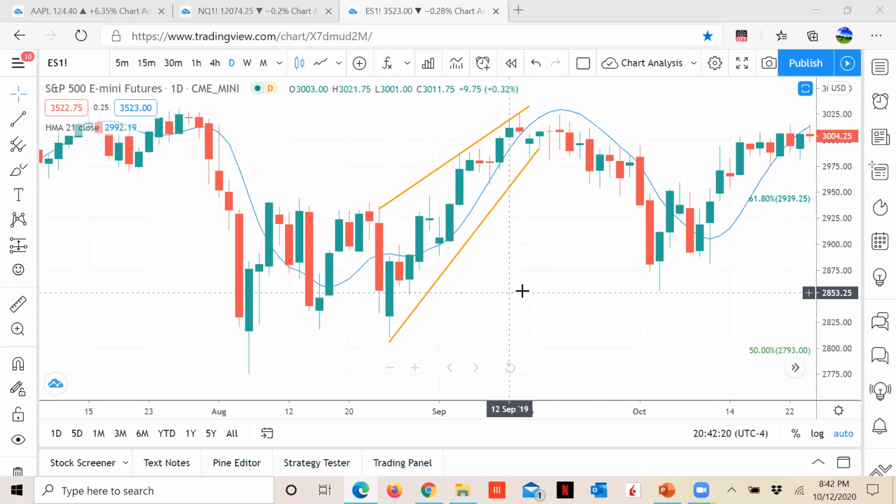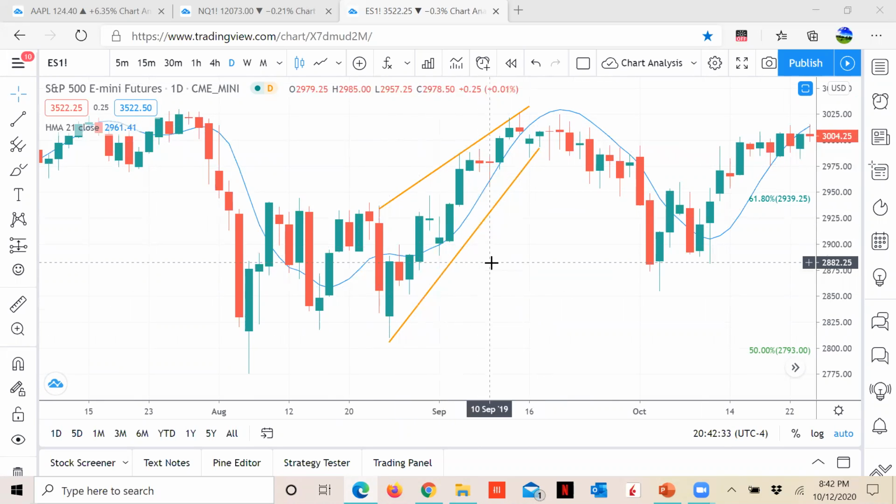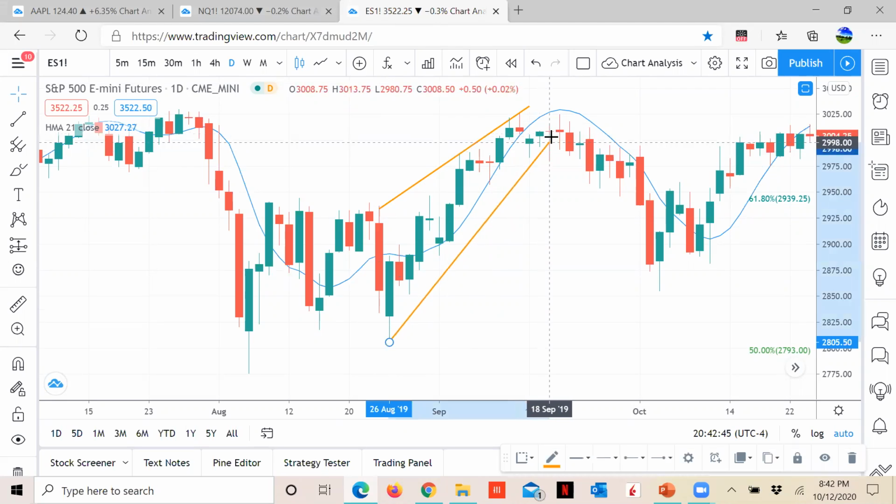So the first main characteristic is converging trend lines. It's a rising wedge, so of course it has to be on the upward trend lines. The second thing is the decrease in volume, and then it eventually breaks through this point.